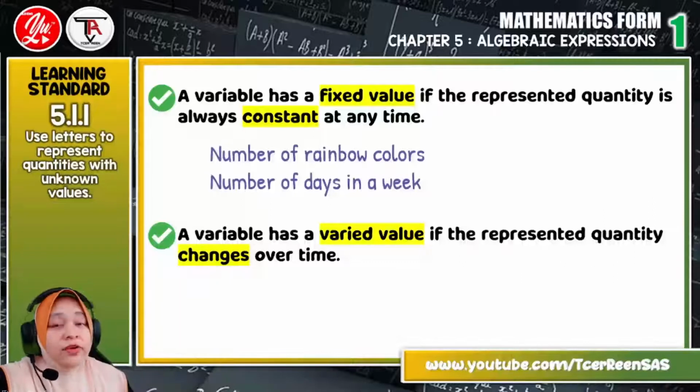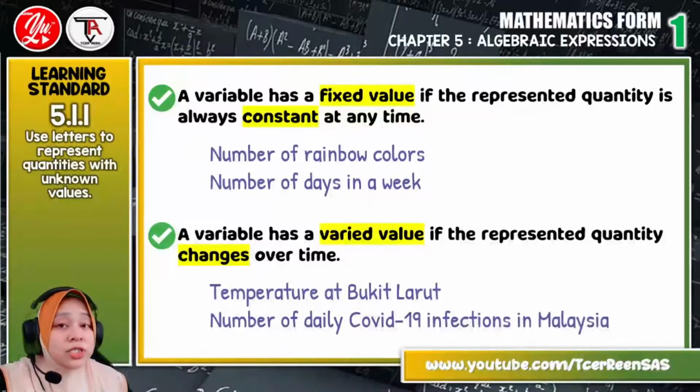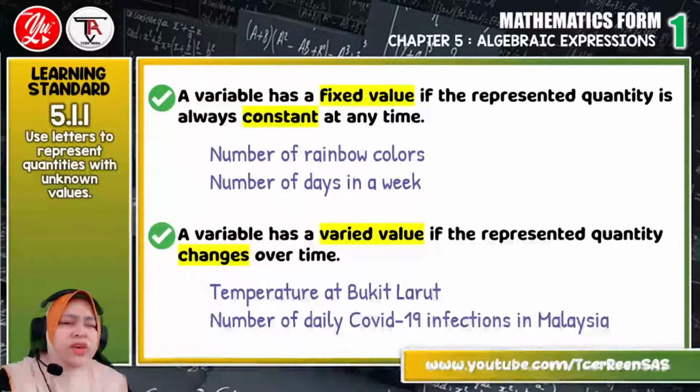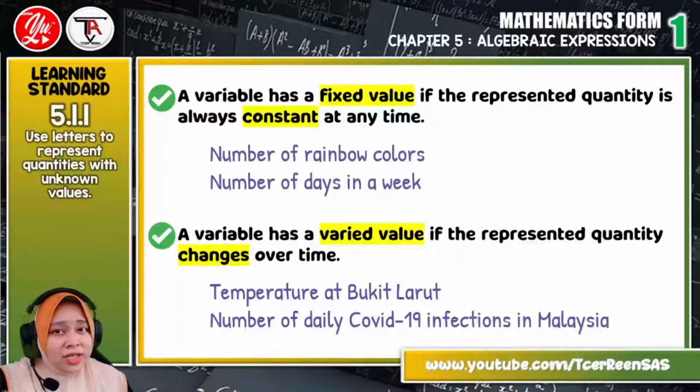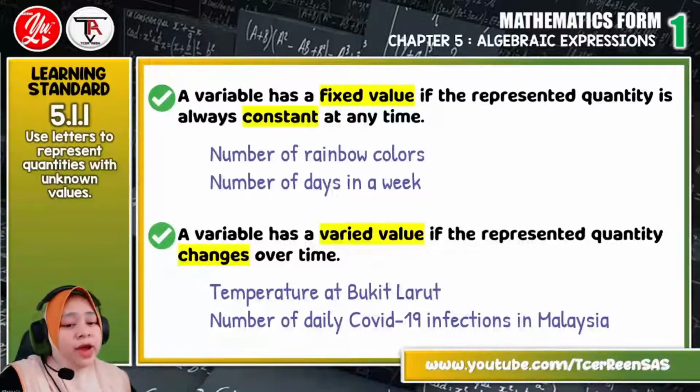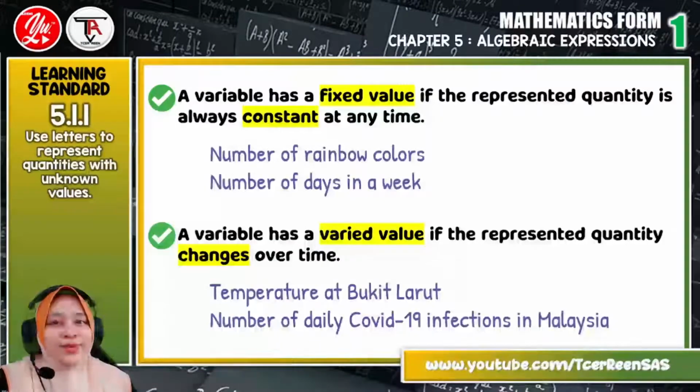And for a varied value, I can say maybe the temperature at Bukit Larut. The temperature changes over time. And of course, what is happening to Malaysia now is the number of daily COVID-19 infections in Malaysia. It changes every day according to the current situation. So that is a varied and fixed value.